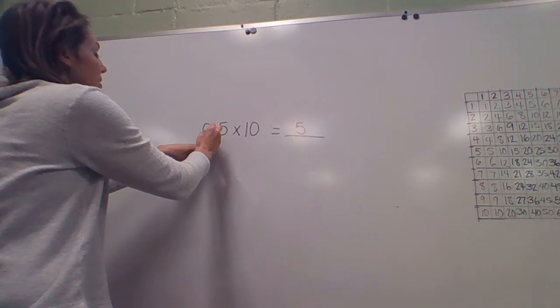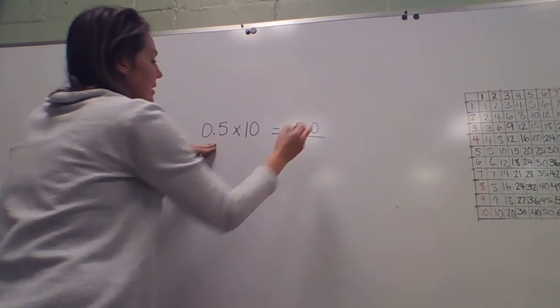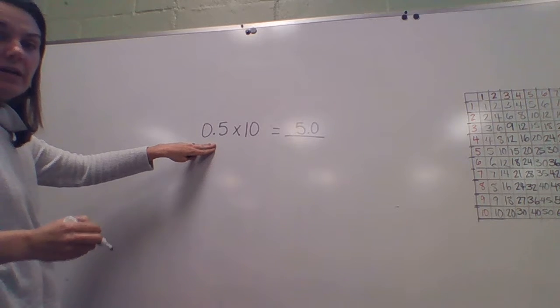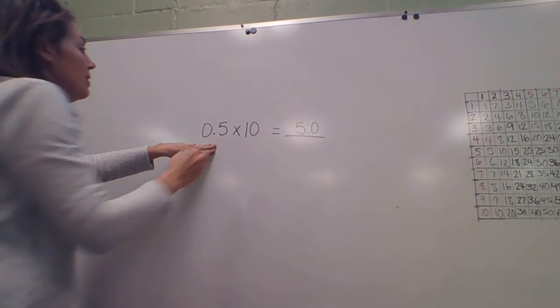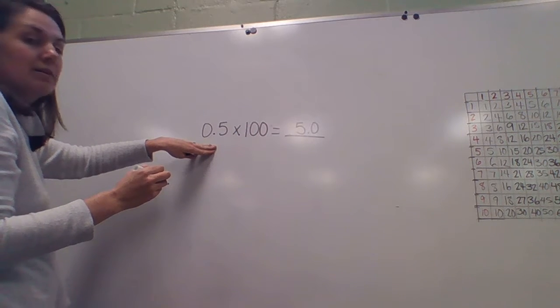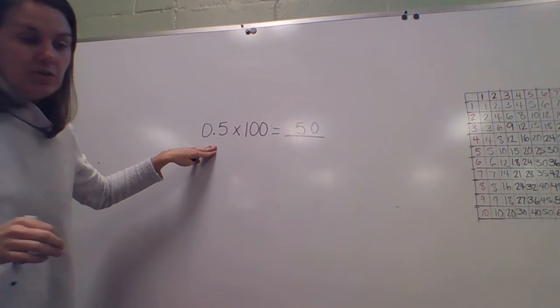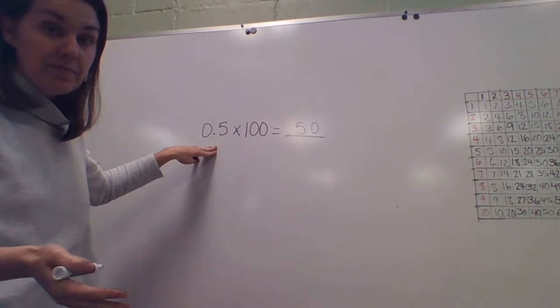I've moved my decimal point 1 place value over to the right. So we could say it's like 5 and 0 tenths. But I'm actually moving it 2 place values over, right? Because I'm multiplying it by 10 again, which would give me a total of 50.